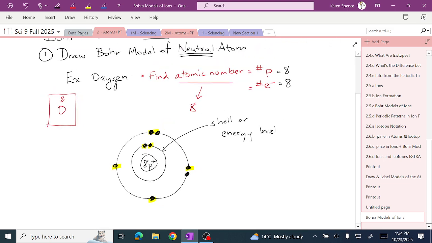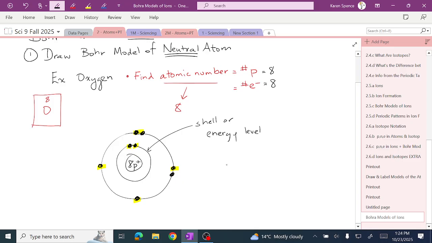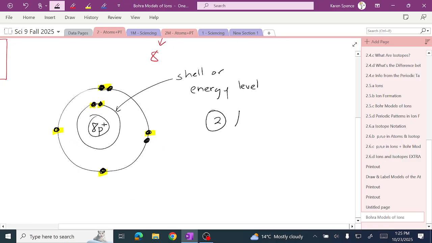The second thing we're going to do is decide, do we add electrons or take them away? Take a look at that.